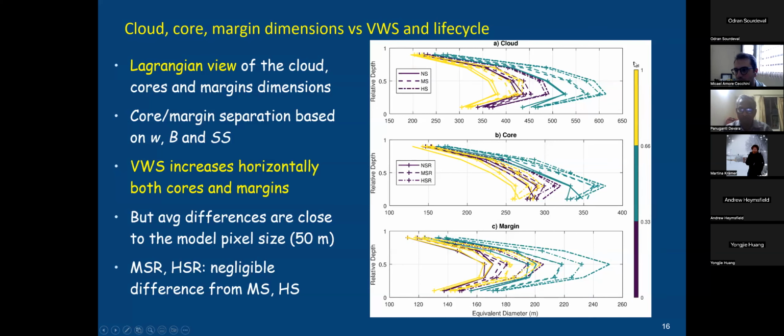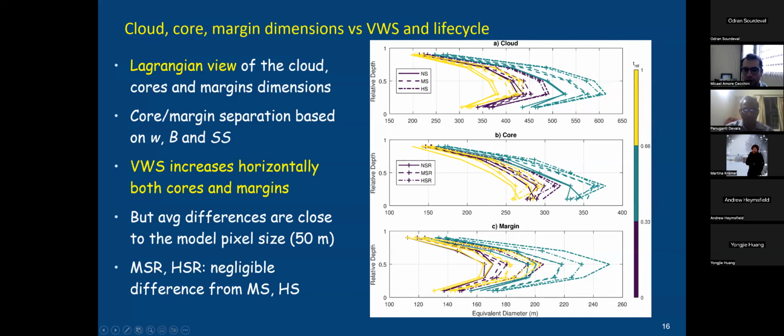So this is relative time in colors. 0 is the first time the cloud was detected by the tracking algorithm, and yellow is at the end of the life cycle.